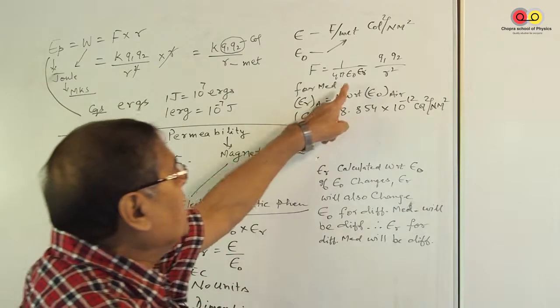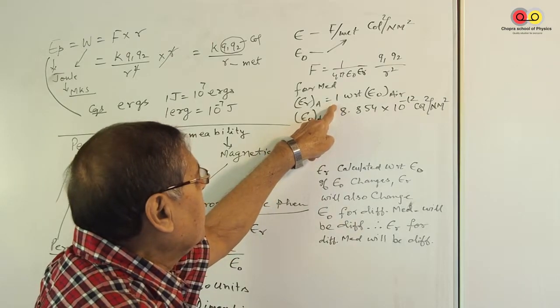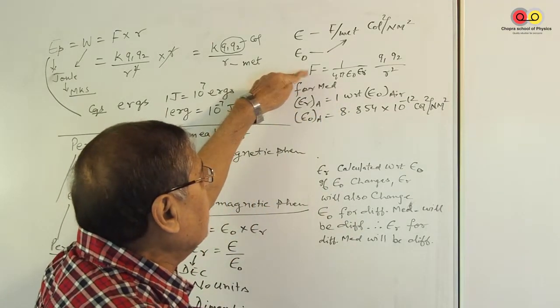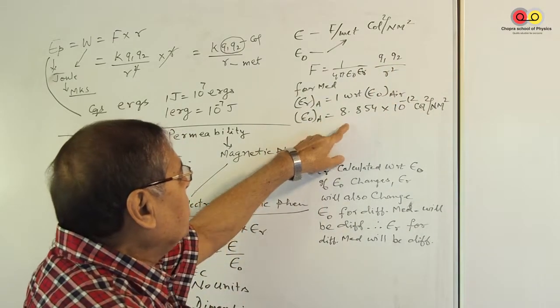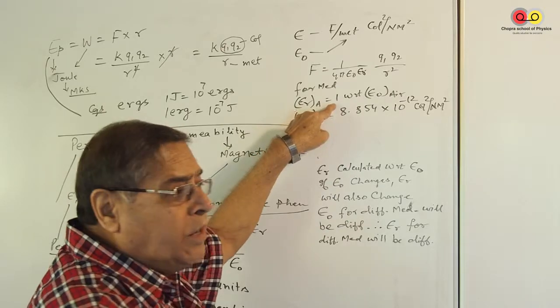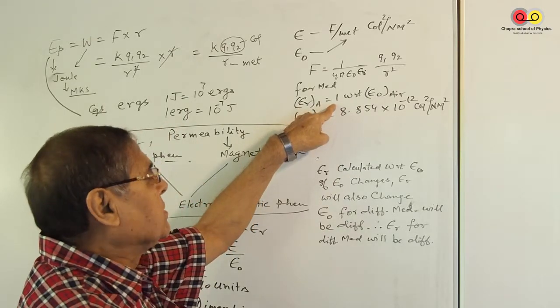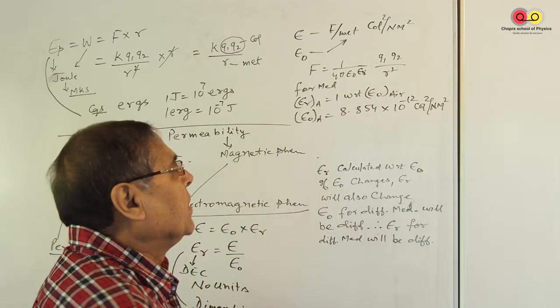Now in this equation, if epsilon r is taken as 1, it means we are finding the force in air medium between the two charges. So, if we say epsilon r is 1, what is the meaning of this? The meaning of this is that both the charges are kept in air medium.